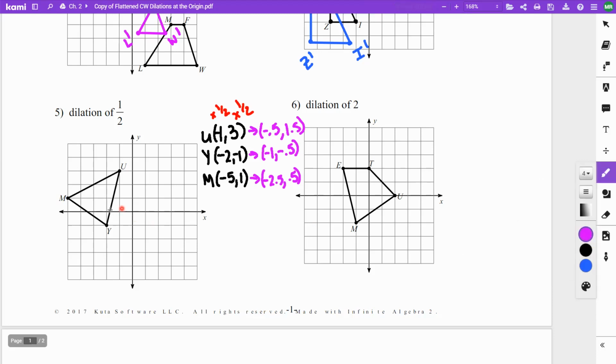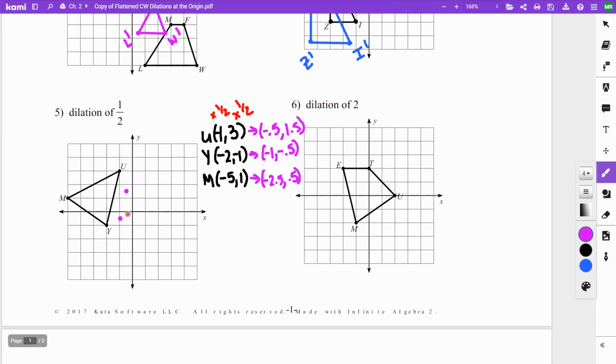Okay, so I'm going to go to -0.5, 1.5, about. So -0.5, 1.5. I'm going to go to -1, -0.5.